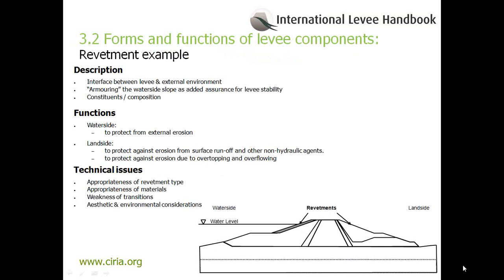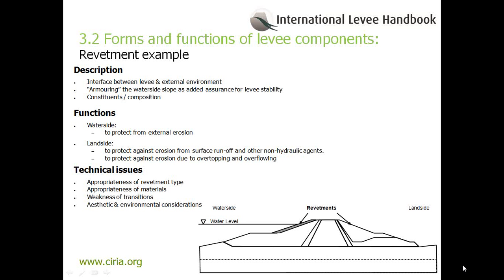This slide gives an example, and it's abbreviated, of a description of a levee component. In this case, it's a revetment, and it's illustrated by this simple schematic at the bottom. The excerpt within the handbook will first provide a comprehensive description of the feature or the component. So in this case, the revetment acts at the interface between the external environment and the levee, both on the water side and the land side slopes, and also on the crest.